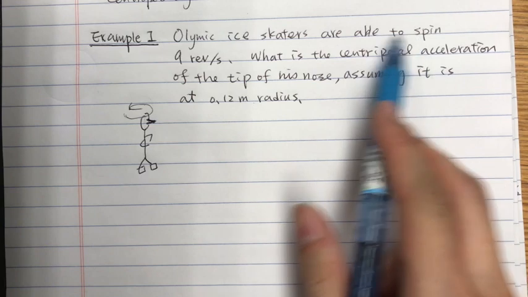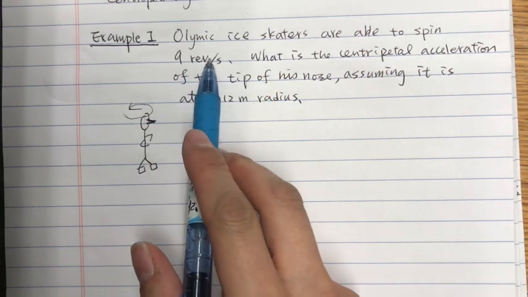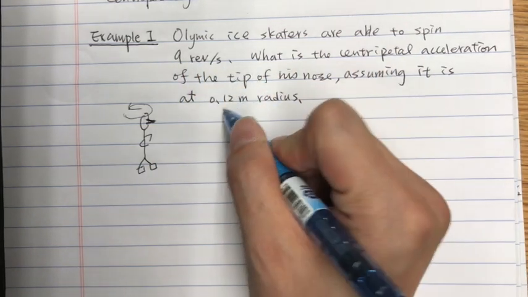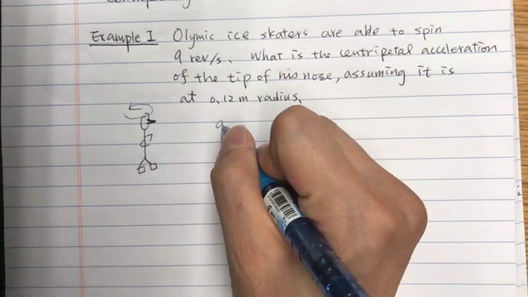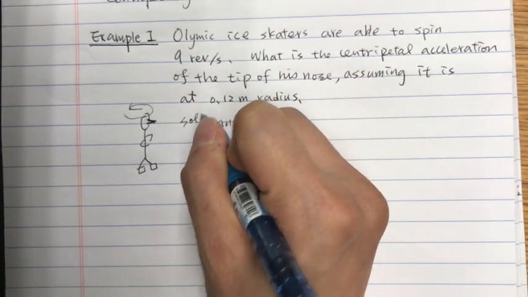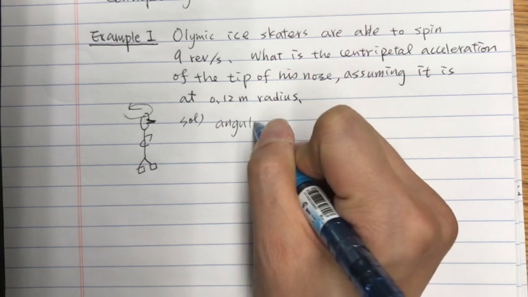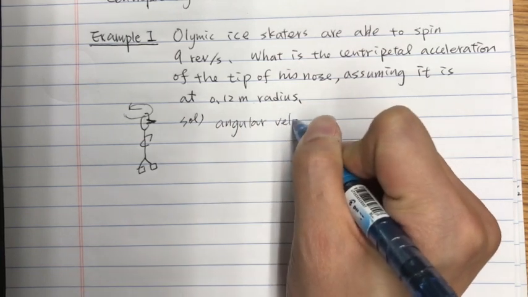So we know he is able to rotate 9 revolutions per second. This information tells me its angular velocity.